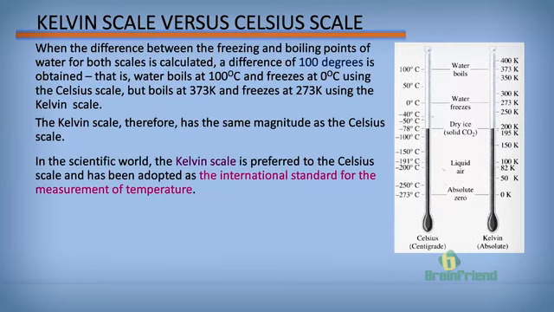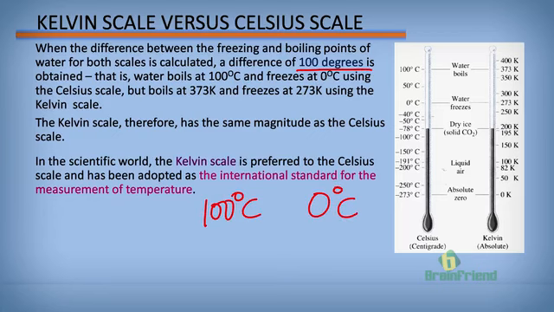Now, when the difference between the freezing and boiling points of water for both the Celsius scale and the Kelvin scale is measured, a difference of 100 degrees is obtained. We know that the boiling point of water is 100 degrees Celsius and its freezing point is 0 degrees Celsius.